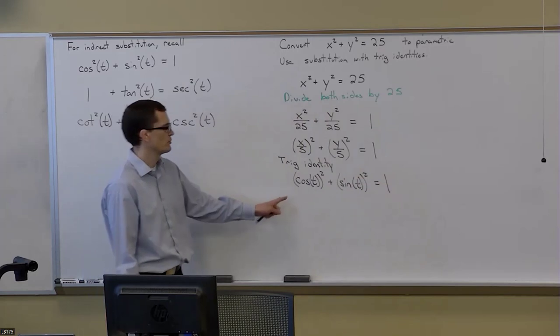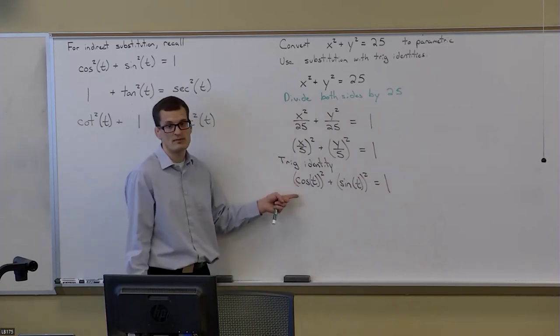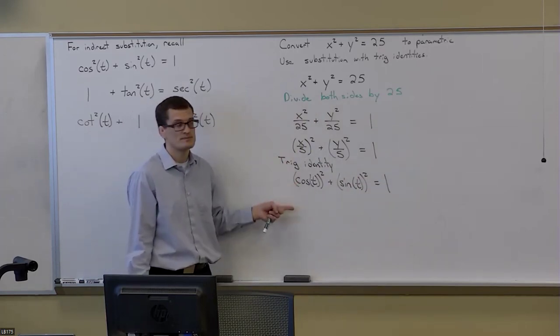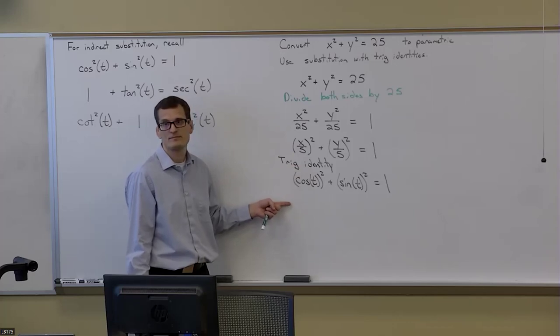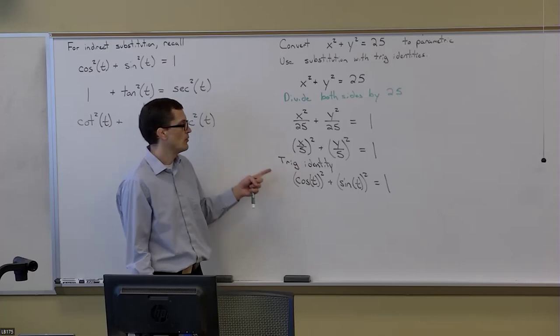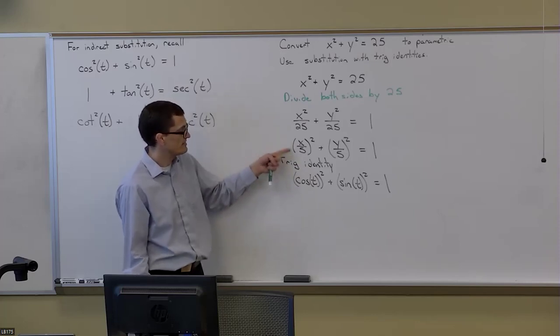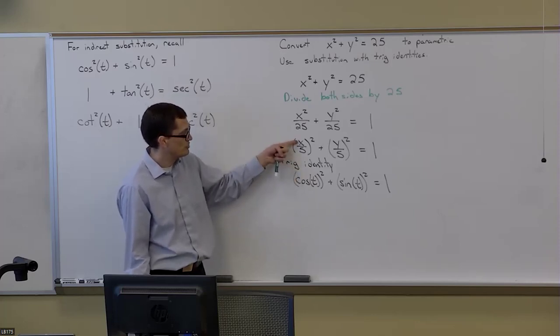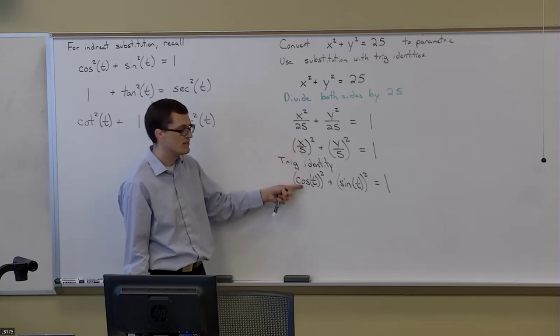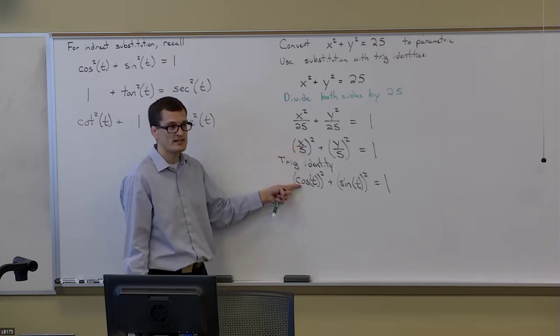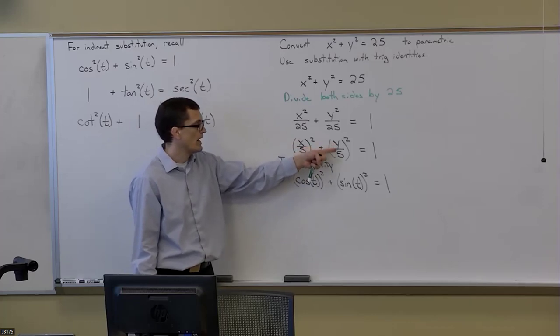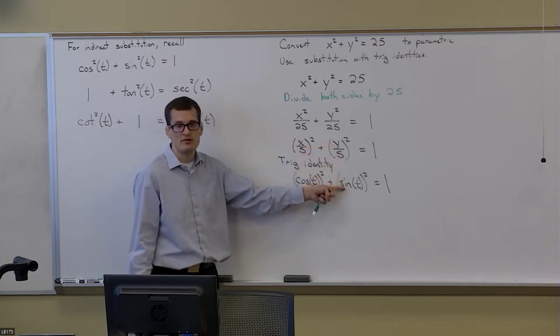Now I wrote it this way so you can see what I'm going to do in the next step. What we do is say this is the exact same if you just replace the x over 5 with cosine of t, and y over 5 with sine of t.